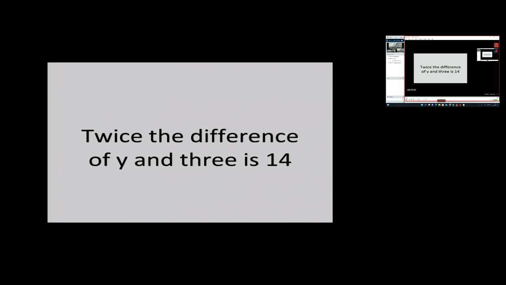Difference of y and 3. That is y minus 3 is equals 14. When you have difference, you have parentheses, y minus 3 equals 14.